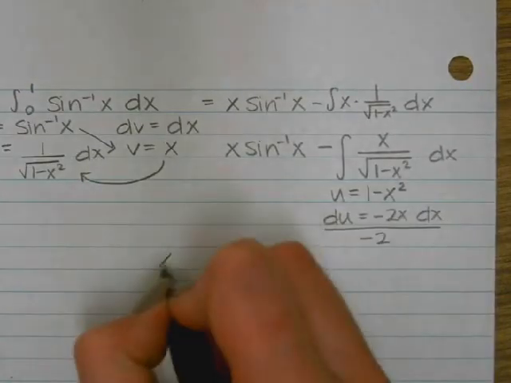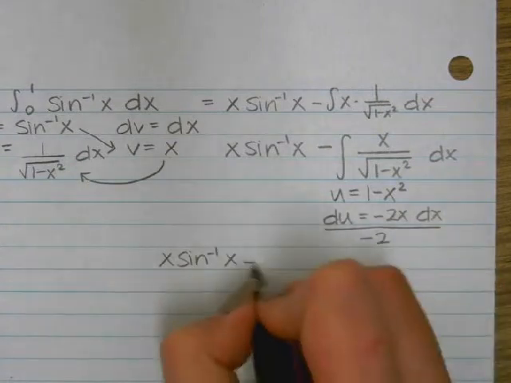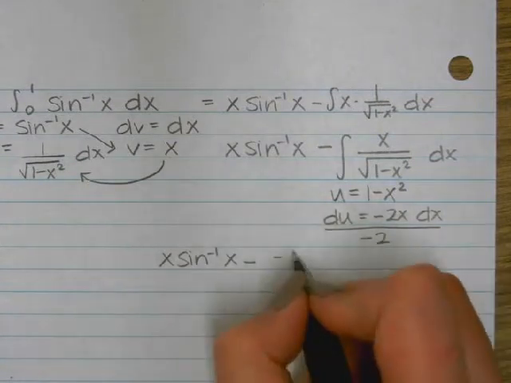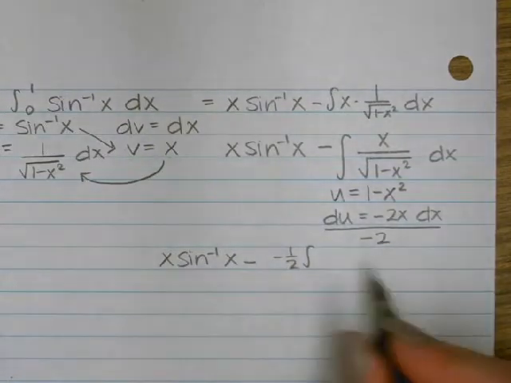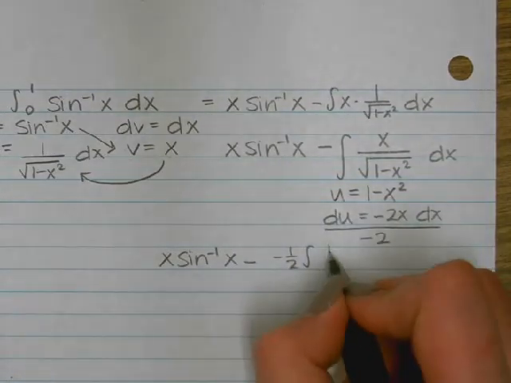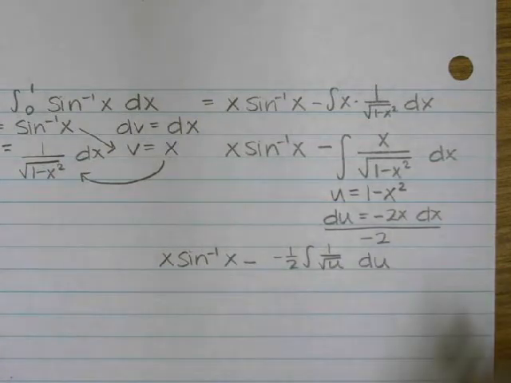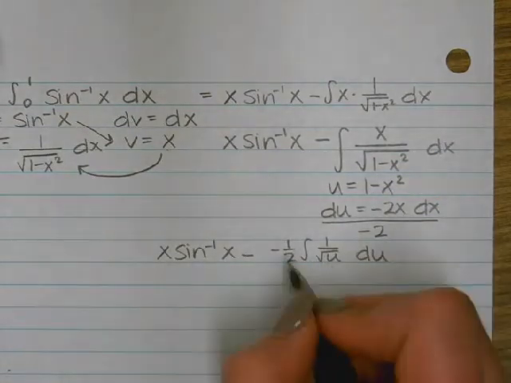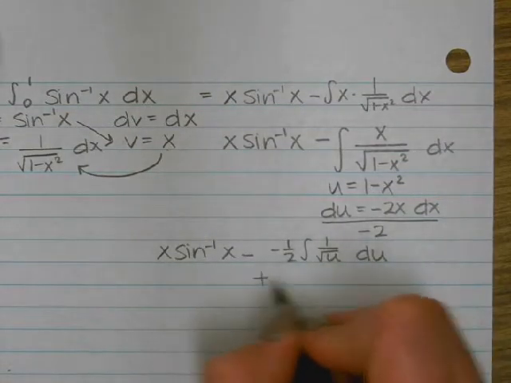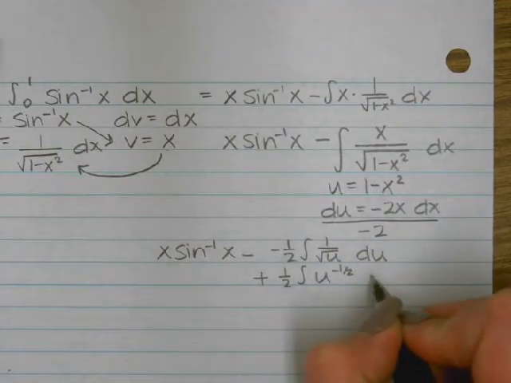So we have x sine inverse of x minus, I'm going to take a negative 1/2 to put in front of that integral, and then I am integrating 1 over the square root of u. Now when I integrate this, I'm going to go ahead and make that a plus 1/2. I'm actually integrating u to the negative 1/2 power.